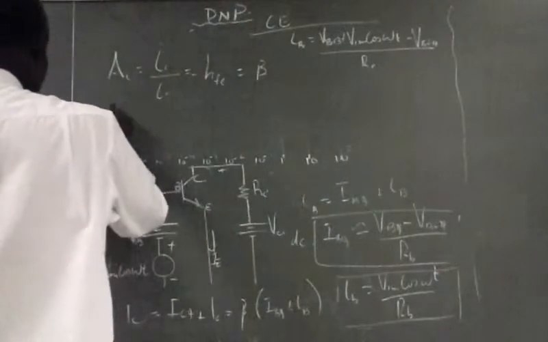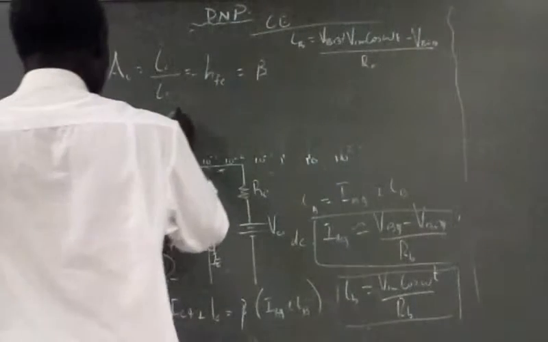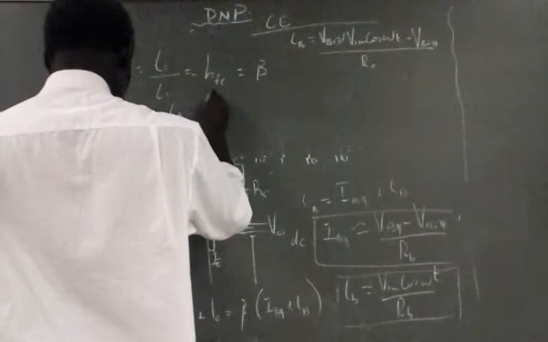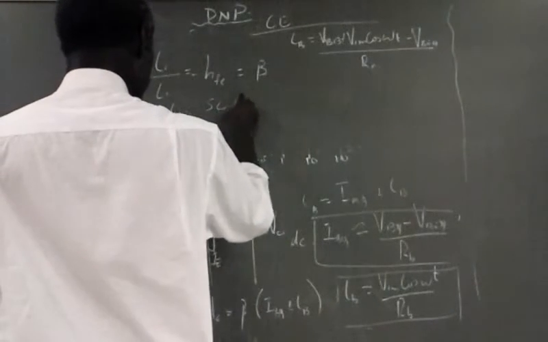Suppose we know that beta is equal to 20 and i_b equals 5 cosine omega t.